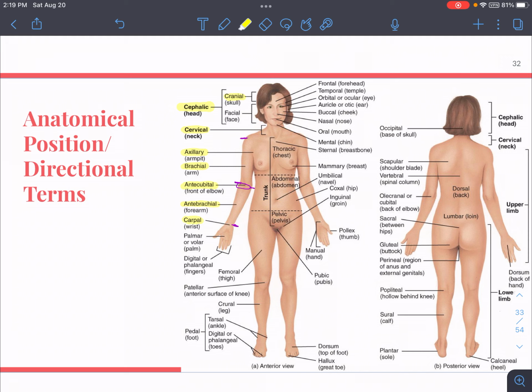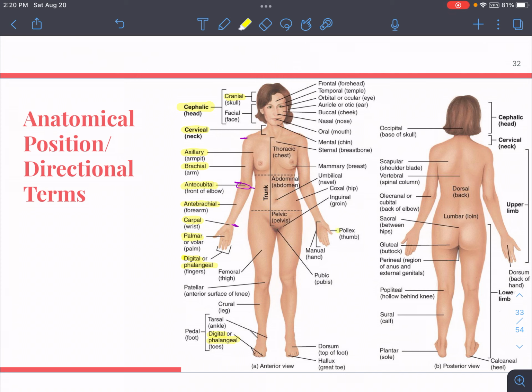There are technically 8 bones that make up your wrist, and those are all your carpal bones. We have our palmar, which is the palm of your hand, digits, or phalanges. Those are the 2 terms that are used for both your fingers and your toes.